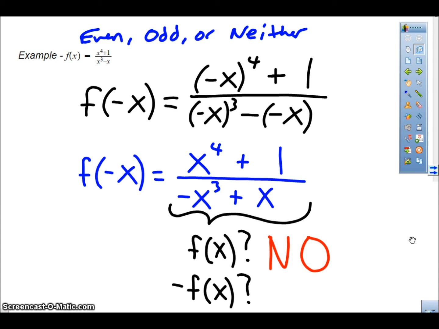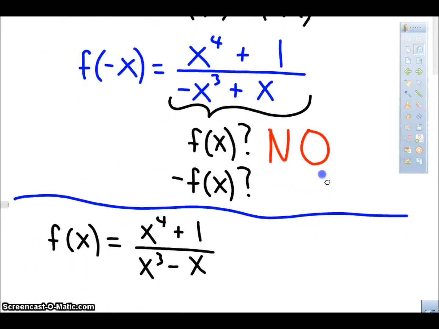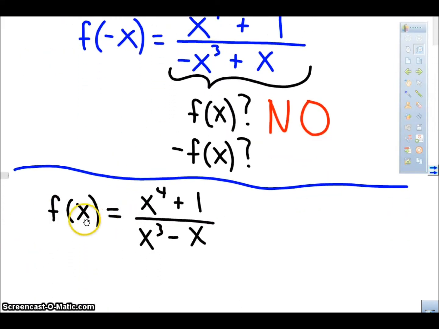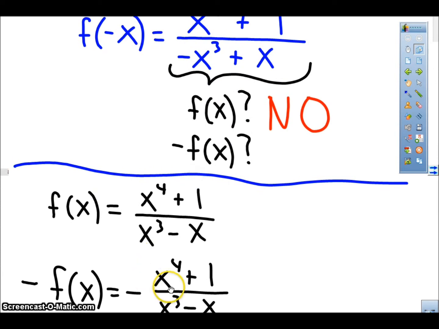So what does the negative of the original function look like? Let's do a quick calculation and find out. I'm going to start with the original function and multiply both sides by negative 1. I'm just going to distribute a negative to both sides. What we end up getting is a negative f of x on the left-hand side, which is what I'm interested in finding out.